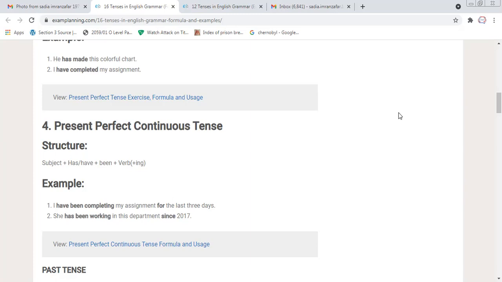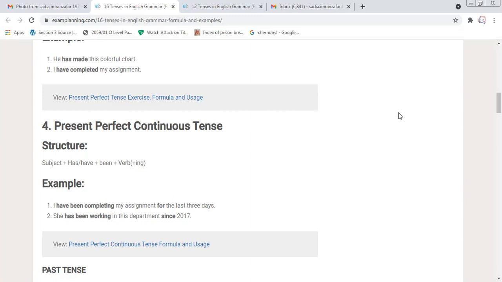So here I is the subject, have been is the helping verb, complete is the main verb, and with complete we have to use ing because this is continuous. We also call it gerund. My assignment for the last 3 days. So we use for and since here.